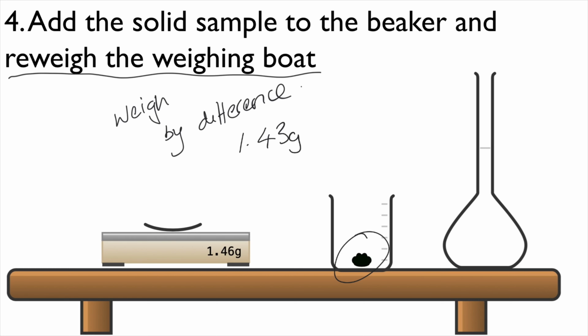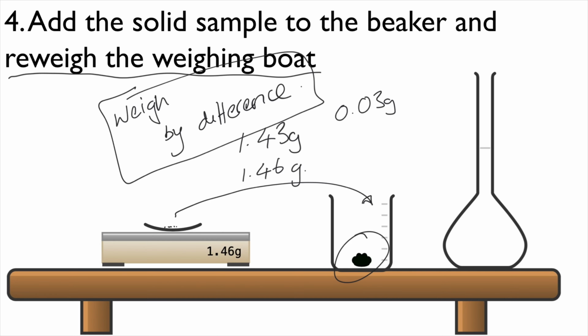The mass of the weighing boat now is 1.46 grams. That means 0.03 grams of solid is still left in here. And we want to know exactly how much solid we've transferred into the beaker. That's a really important point, and that is something that's called the weigh by difference.